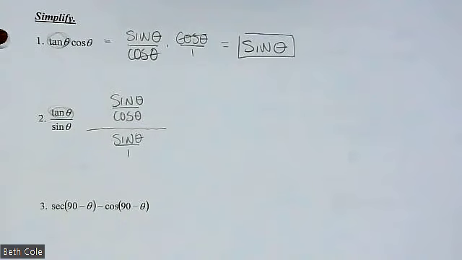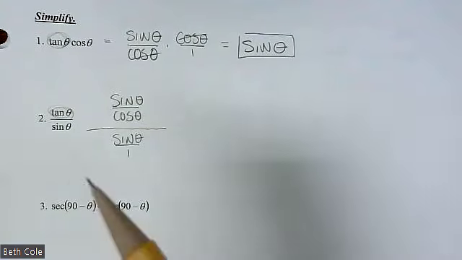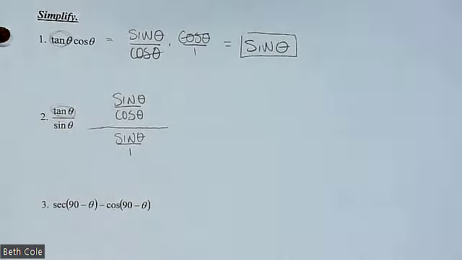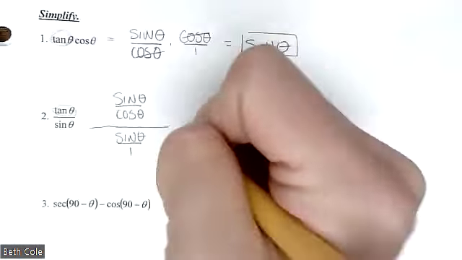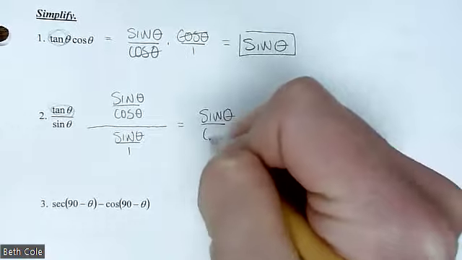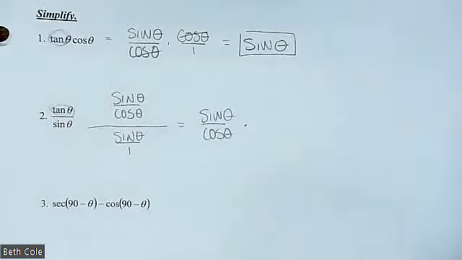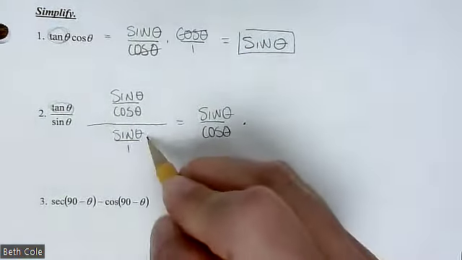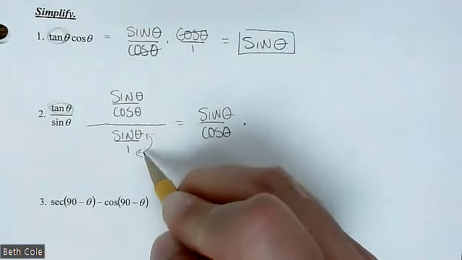All right, then we're going to stop and take a look at what we've got. When you divide by a fraction, that is multiplying by, good, perfect. So this is going to be sine over cosine, that first part, times, so put a little dot, and you're going to flip this over. You're going to reciprocate it.